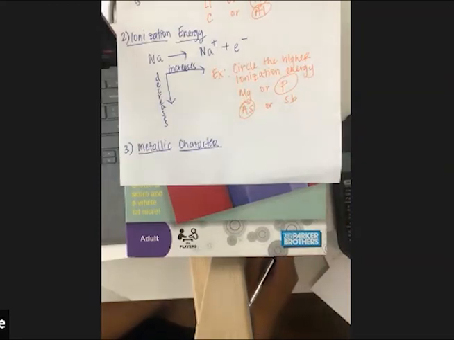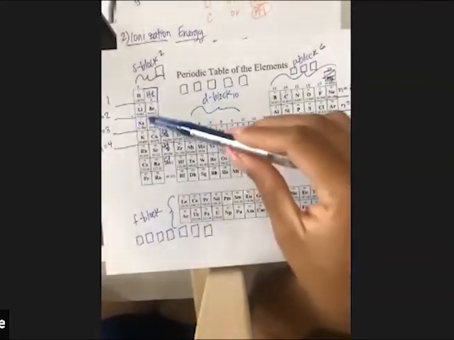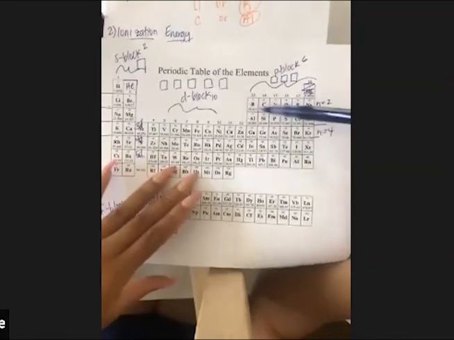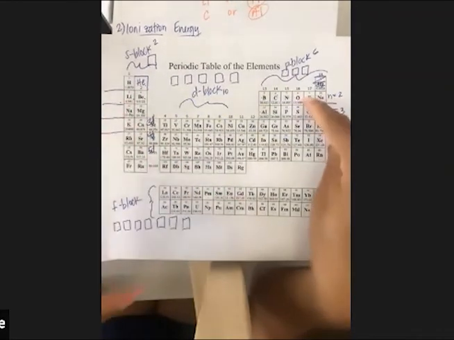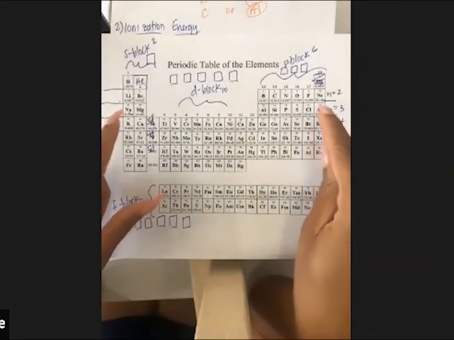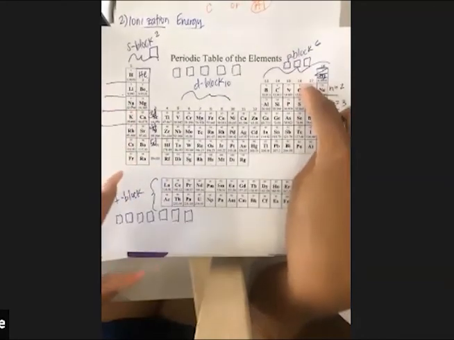If we look at the periodic table, remember that when we talk about metals versus non-metals, on the left side we have metals, and on the right side we have non-metals. So as you go from left to right, it goes from a metal to a non-metal. So the metallic character decreases as you go from metals to non-metals.